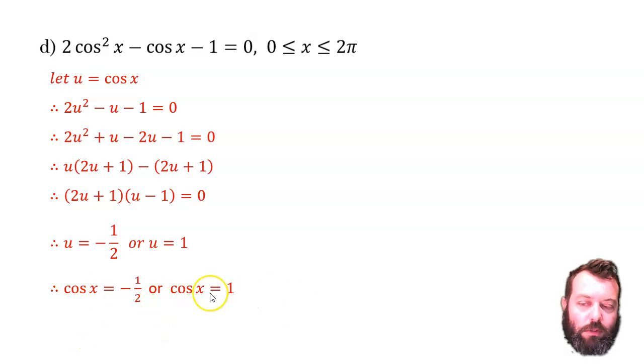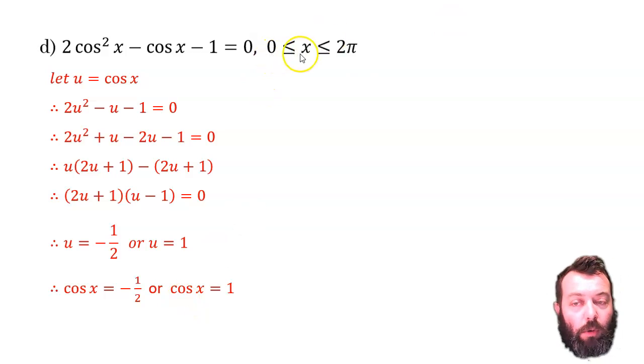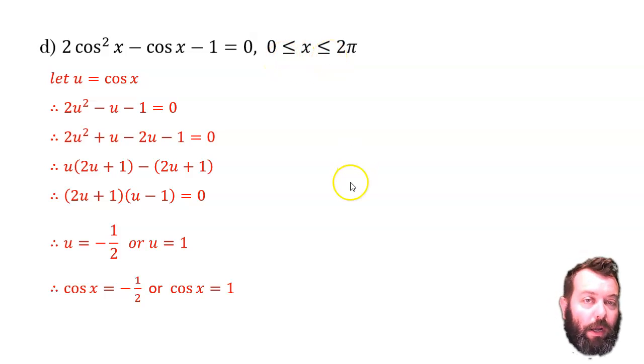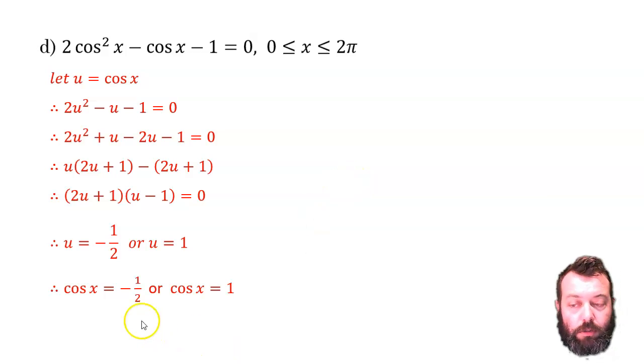Cos x equals 1, maybe remembering the graph of y equals cos x is going to help us there, and carefully examining the domain here. So 0 is less than or equal to x, is less than or equal to 2π, because the cos of 0 is 1 and the cos of 2π will be equal to 1, but they're the only solutions. So I should have four solutions here.